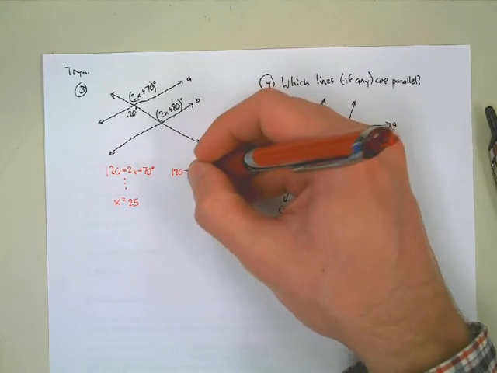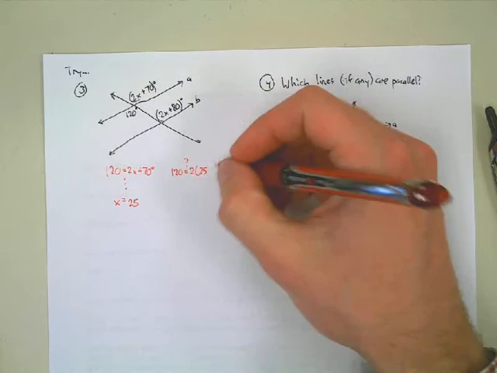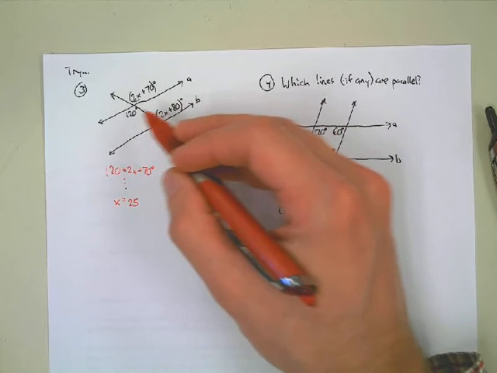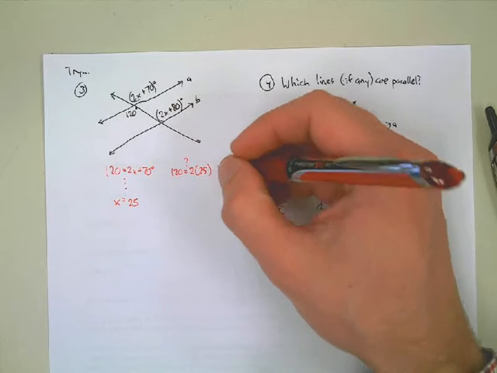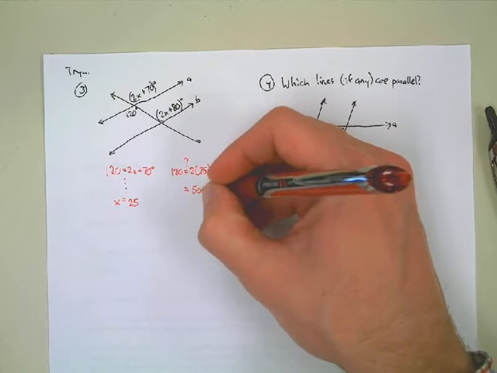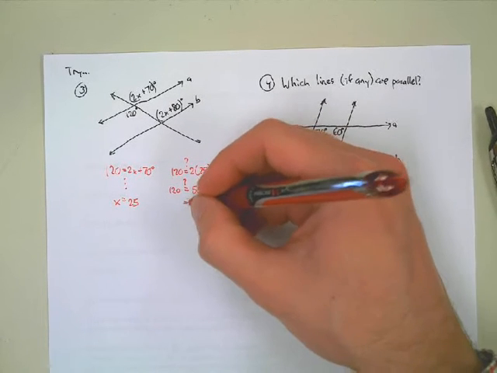So basically you're trying to see, are these two things equal? Because they should be equal, right? Because these are what? Alternate interior. So, yep. So 2 times 25 is 50. And then 50 plus 80 is 130. So your conclusion was?